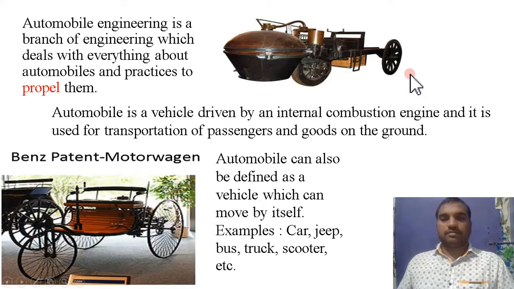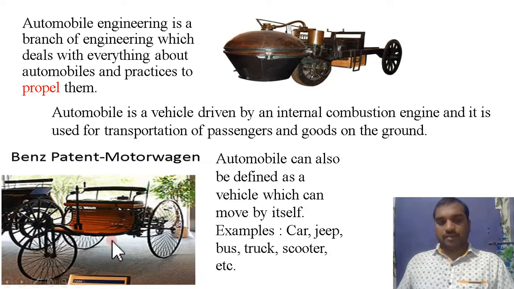Coming to the second diagram, the Benz pattern motor wagon. If you observe here, it appears like a horse cart, but it has its own engine. This is the engine which is transferring power to the rear wheel. This is the steering wheel, which steers the vehicle either left side or right side.